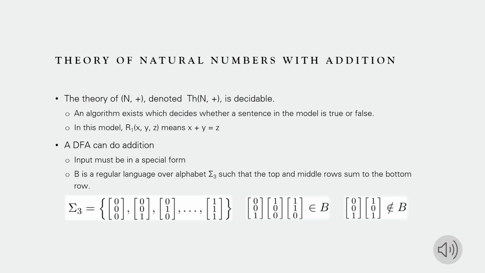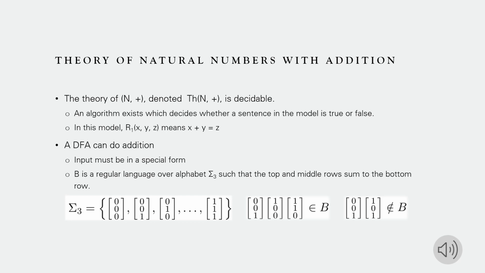But input must be in a special form, and that special form is that each symbol of the alphabet represents a column of bits. For example, here B is a regular language over our alphabet sigma 3, where the bottom row of each string represents the addition of the top and middle rows.